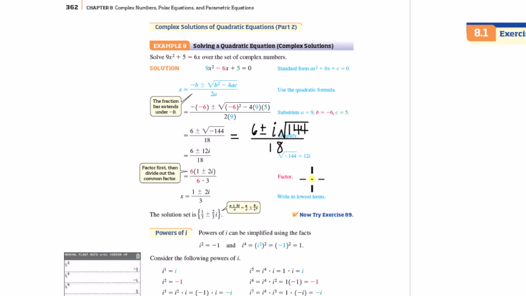Now you can proceed forward like this is any other number and do any of the math properties and operations that you want. No problem. The square root of 144 is 12. The other thing to keep in mind is that you won't make any math errors if you don't do this, but it's good practice.